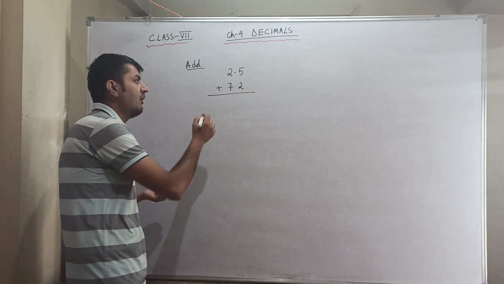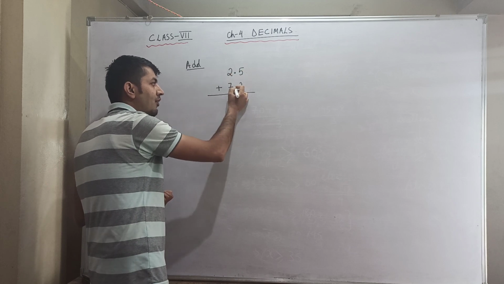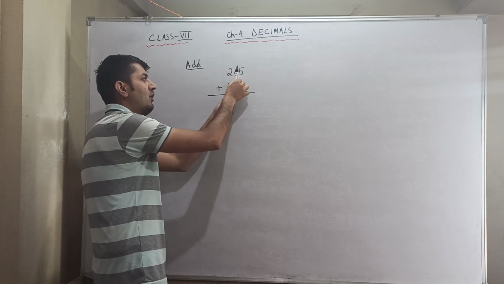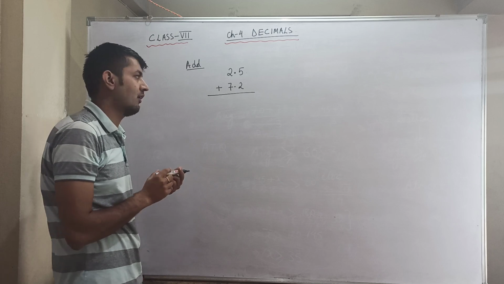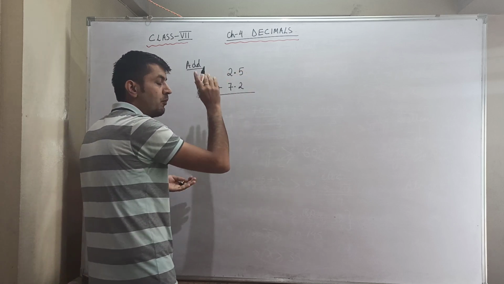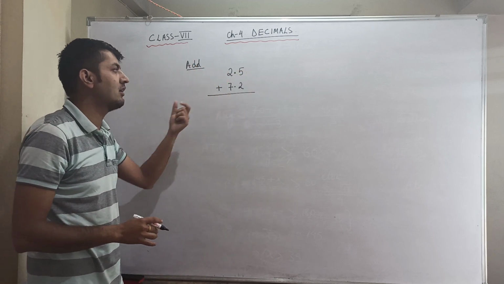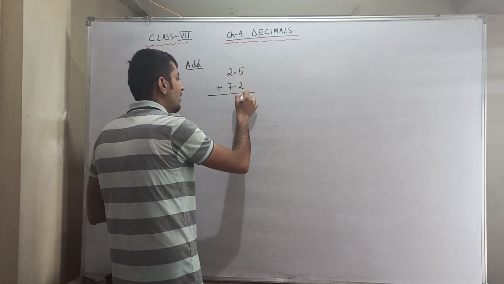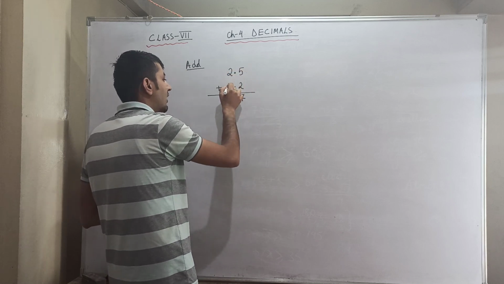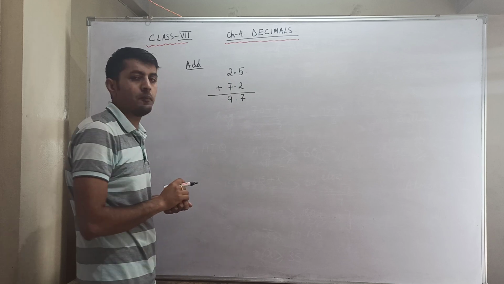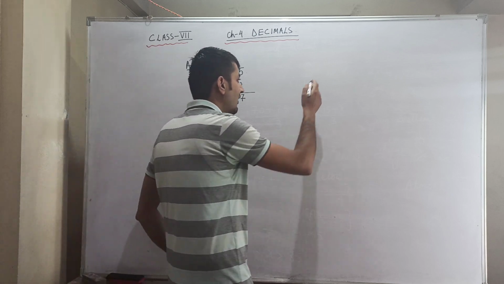Whenever you add, you take the decimal points and put them in the same line, one below the other. Then you perform the normal addition: 5 plus 2 is 7, 2 plus 7 is 9. So you got 9.7.